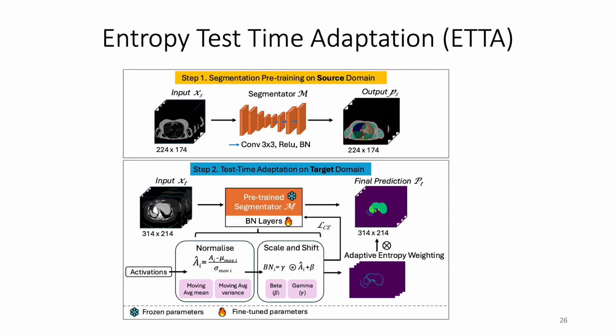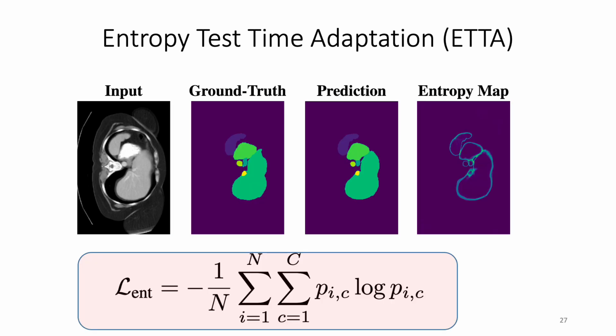We also resort to entropy test time adaptation, since these pseudo labels have some noise associated with them. The idea of this entropy test time adaptation is to refine the batch norm layers of the network we use, which is the SWIN Uniter, at test time according to the entropy map. These entropy maps can be created from the prediction, so you don't need ground truth.